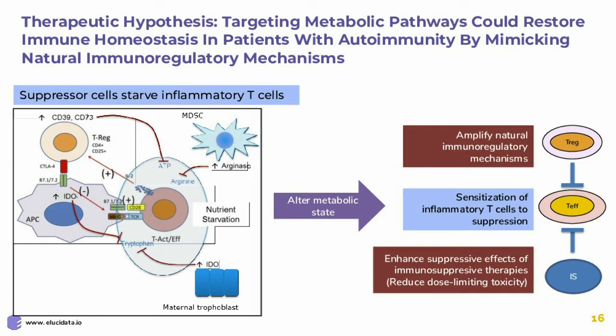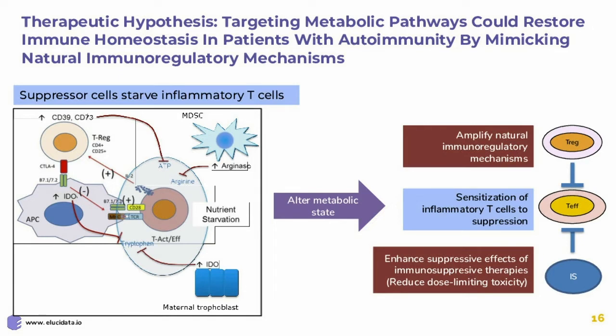And one of the key mechanisms by which this happens is that the maternal trophoblast, which is pictured in the box to the left, in the lower part, the maternal trophoblasts secrete an enzyme called IDO, indoleamine dioxygenase, which degrades tryptophan, which is a key amino acid that is required for T cells to mediate the inflammatory functions.